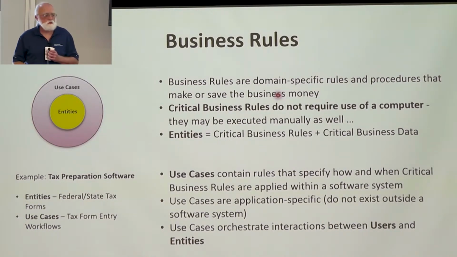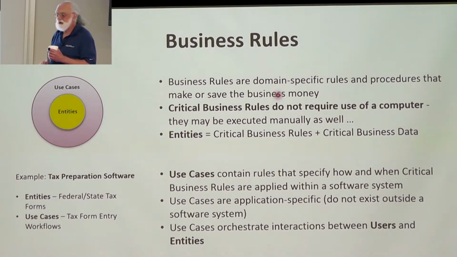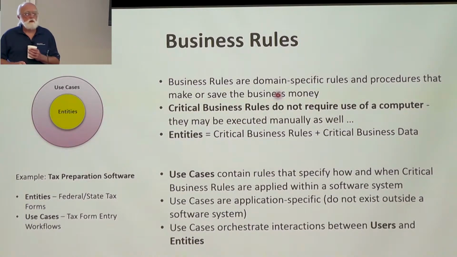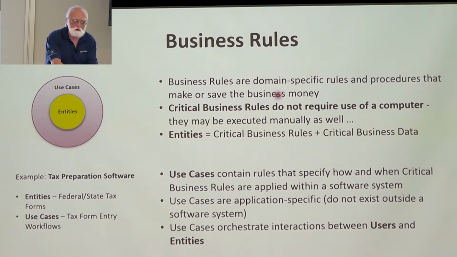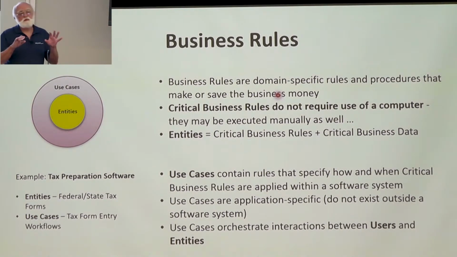So let's talk a little bit about those architectural layers. Business rules: two types of business rules. First, the critical business rules. These are enterprise-specific or domain-specific. For example, in the case of tax preparation software, these are the federal and state tax forms. They exist independent of whether you do taxes using TurboTax or by hand filling the form.